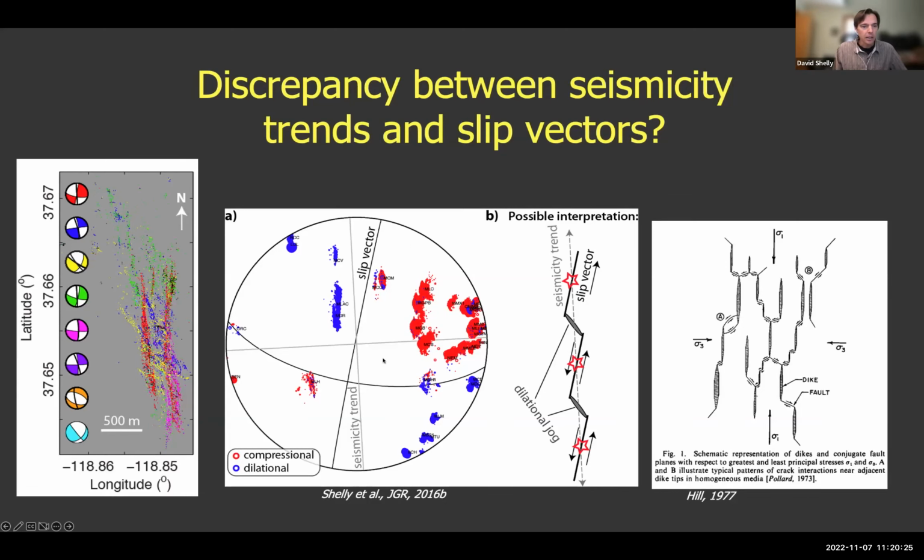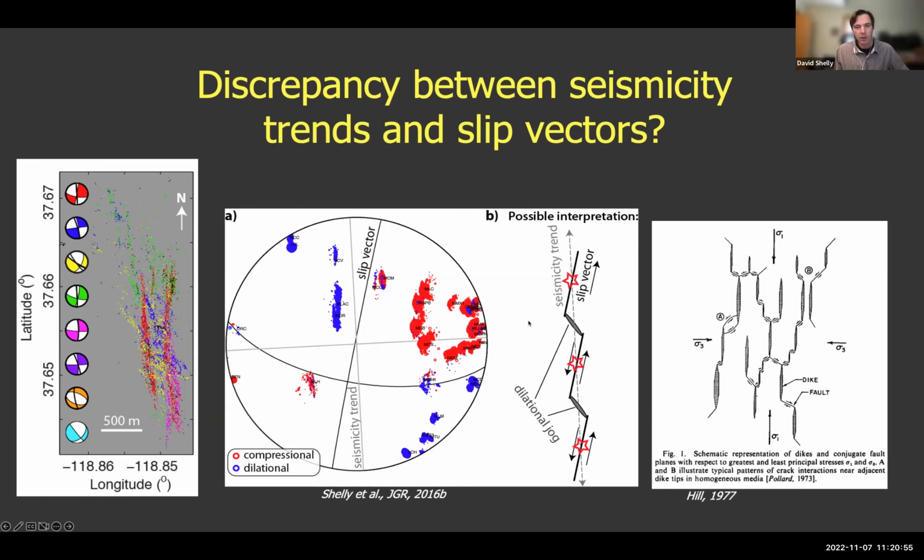we've looked at it. It could just be uncertainty, but there's reason to think that it may be real. In particular, we see that for the right lateral focal mechanism, the sense of the mismatch, or the rotation, is opposite. And that would make sense if you have this kind of model where you have interlinked shear and dilational faulting.